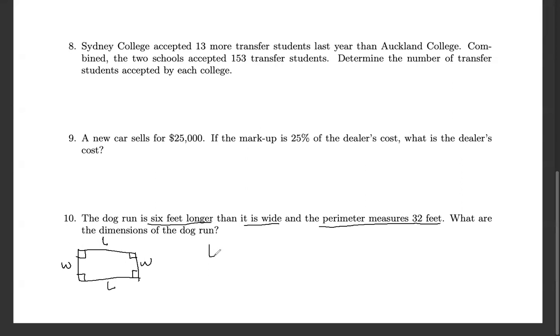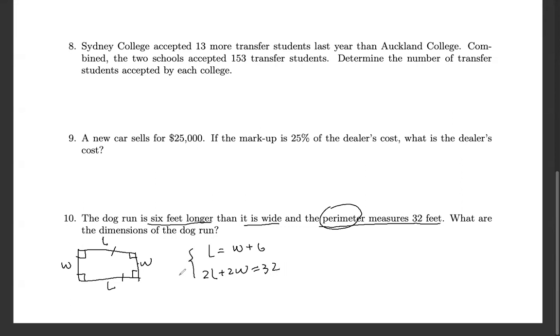So that means L, the length, equals the width plus 6 feet. And perimeter means we add all 4 sides, which is 2L plus 2W. Adding together, that's 32 feet.